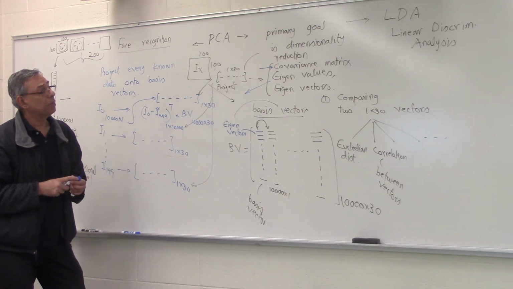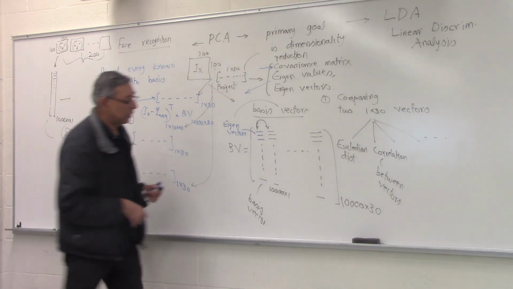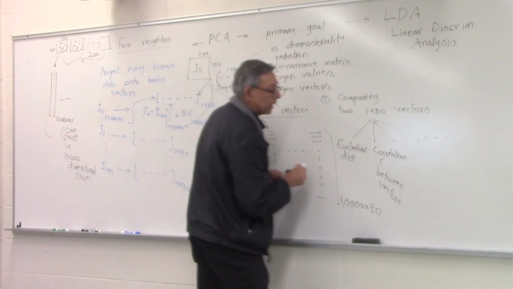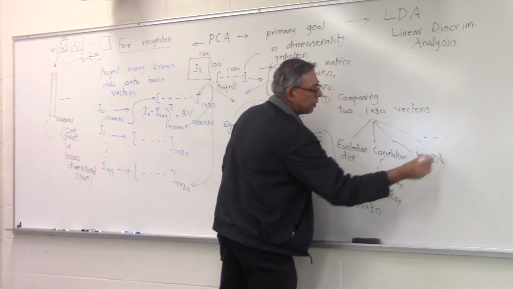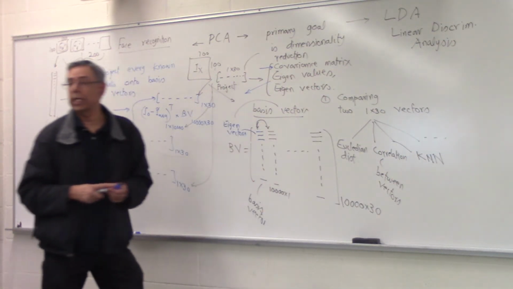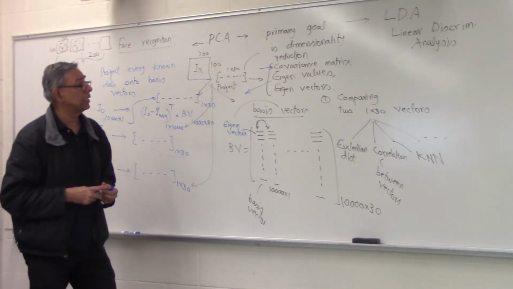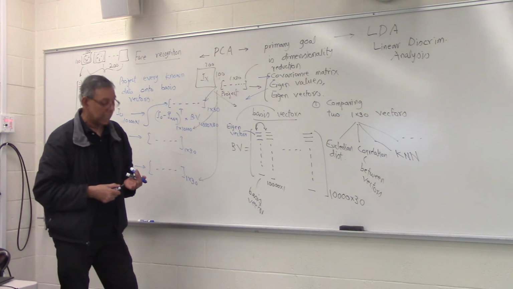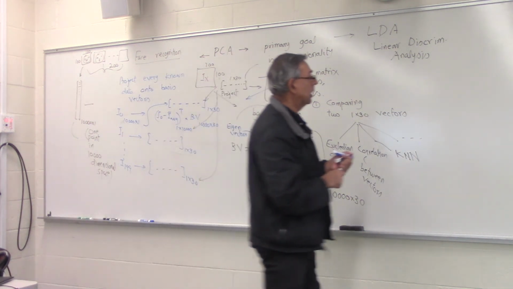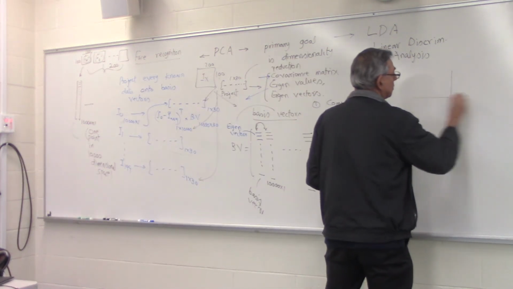Okay, so now let me introduce one more technique here, which is called K nearest neighbor. This is a popular machine learning technique, extremely easy. Let me show you what the concept is. KNN, the fundamental idea is like this.